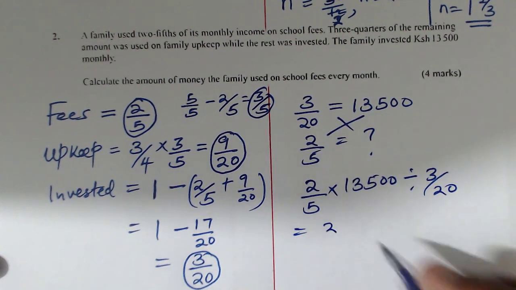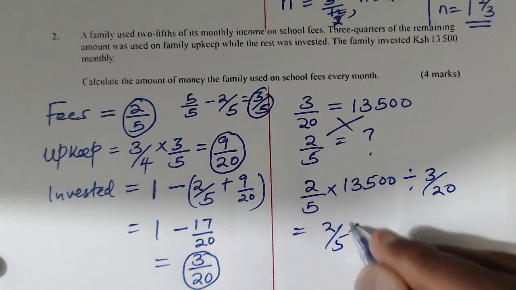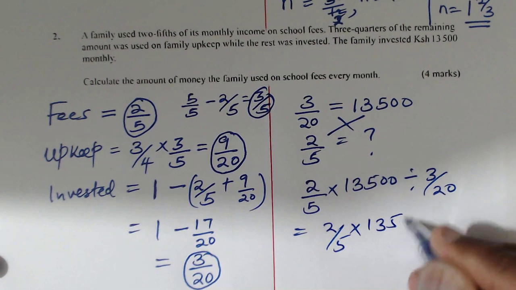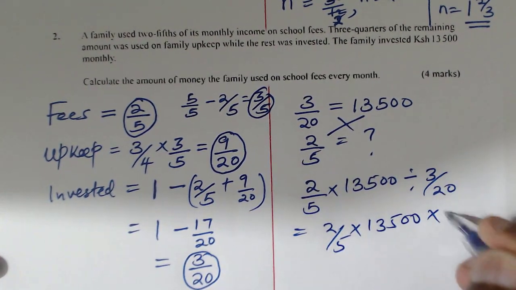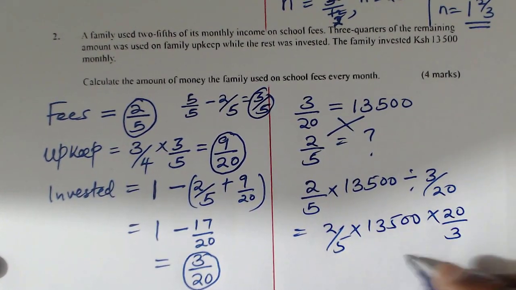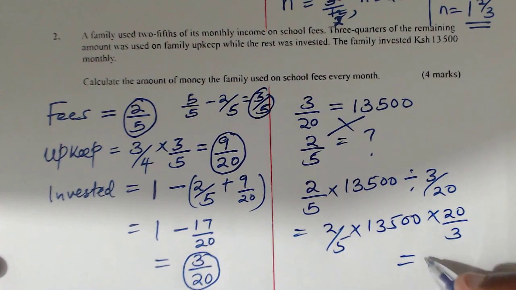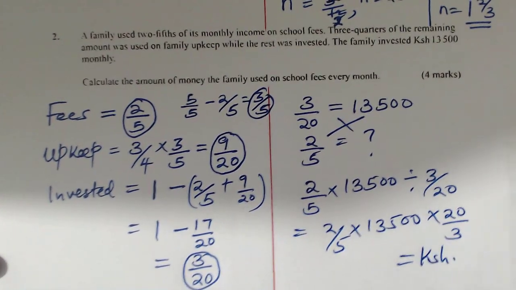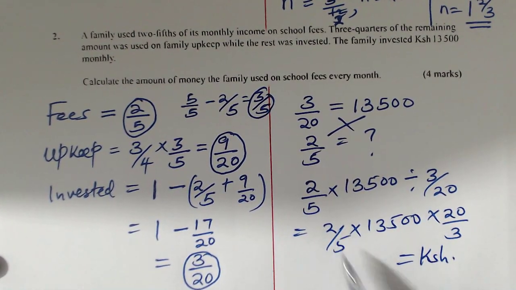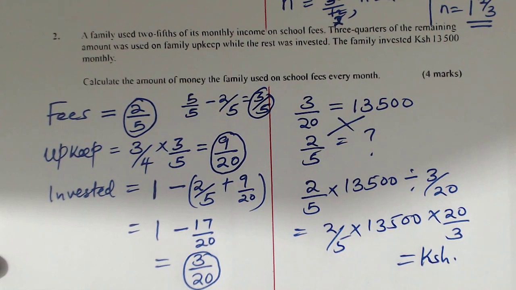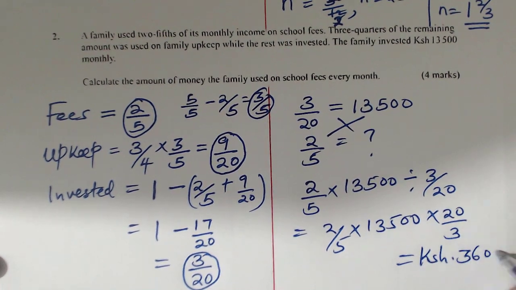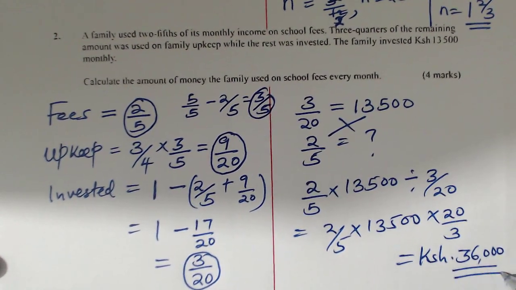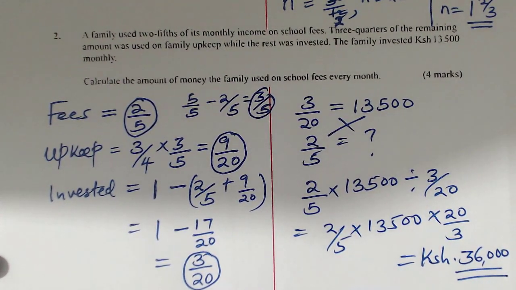So this will be 2 divided by 5 multiplied by 13,500, then times 20/3. When you work this out using a calculator, 2/5 times 13,500 times 20/3 will give 36,000 shillings, and that is the amount that was used on school fees.